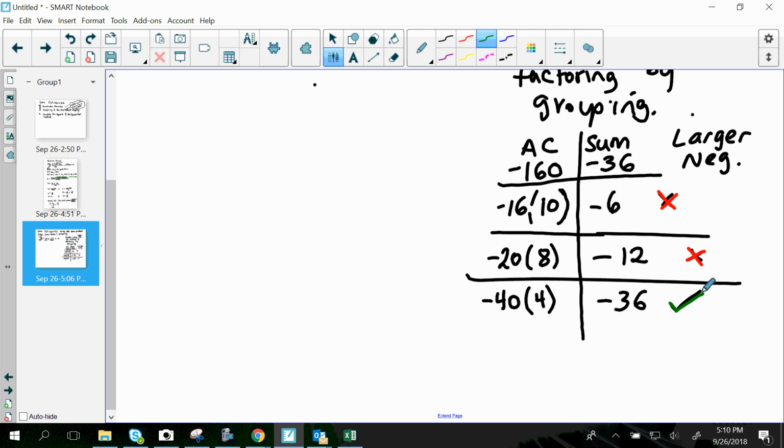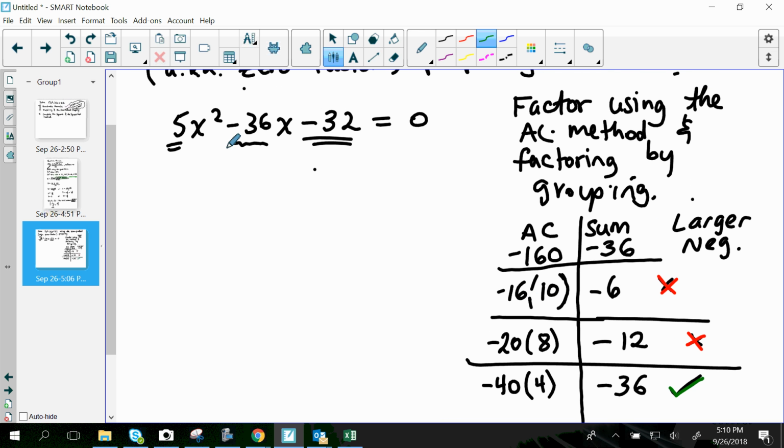Okay, so once you find your factor pair that works, you're going to expand the middle term, and then you'll do factoring by grouping. The outer two terms can be rewritten just as they are, no change. So I'm just bringing down those two outer terms and the other side of the equation.